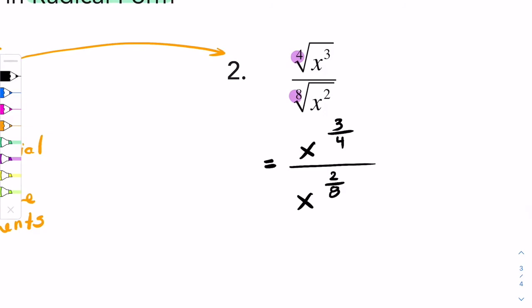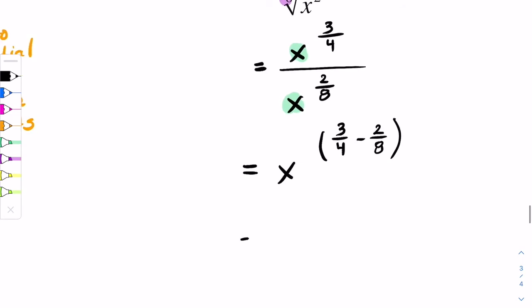When you are dividing with the same base, which we do have, that means you can subtract your exponents. This is an exponent rule. So this becomes x to the power of 3 over 4 minus 2 over 8. 2 over 8 can be simplified.